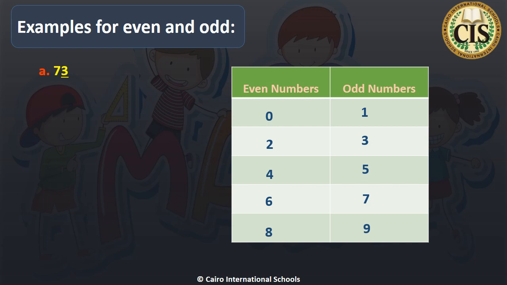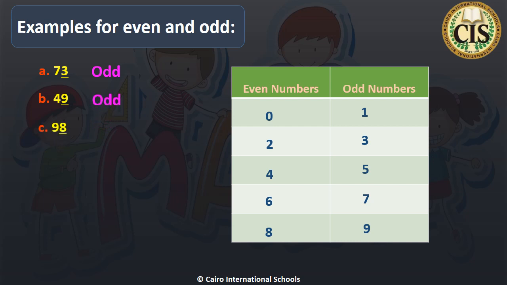Look at the ones digit. 3. Yes, 3 is an odd number, so the whole number 73 will be odd. The next question. 49. Look at the ones digit. 9 is an odd number, so 49 will be odd.